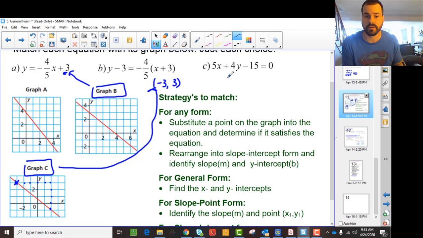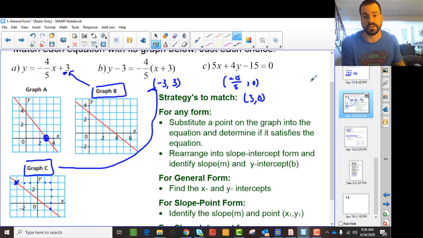Now this guy, the easiest way to do this is to find the x-intercept and the y-intercept. So the x-intercept here is -15. So now plus 15, you switch that sign, divided by 5 and 0. So that's 3 and 0. Okay, so we look at 3 and 0, we say, where is the x-intercept at 3 and 0? And it's right there.